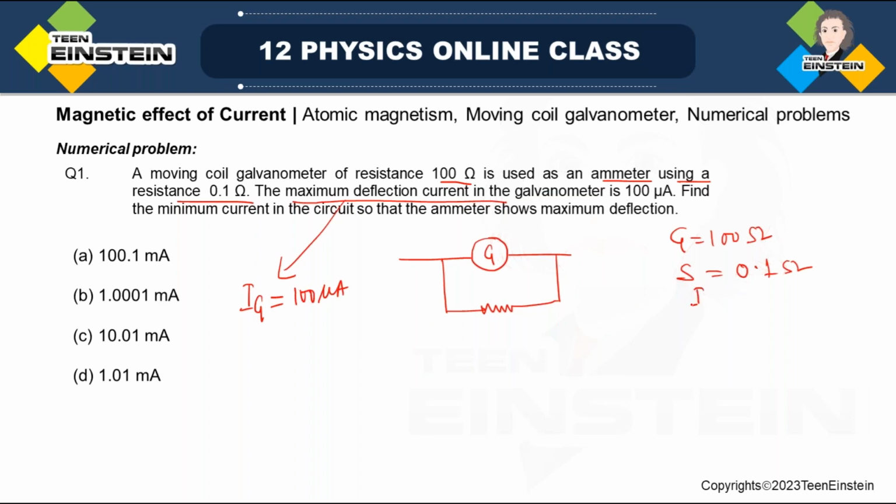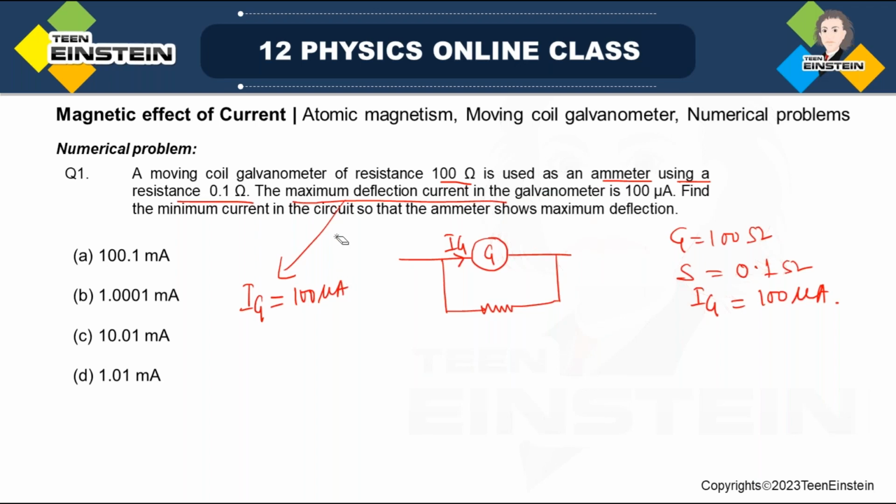So Ig is given. The maximum deflection current in the galvanometer is, sorry, 100 microampere. The minimum current in the circuit so that the ammeter shows maximum deflection.